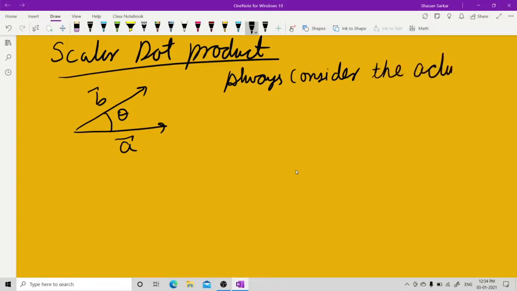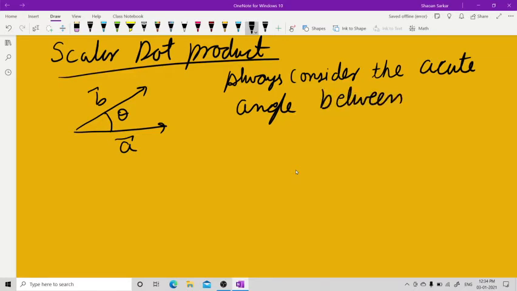The acute angle between the vectors, not any other, not obtuse, not reflexive, nothing. Only acute angle you will consider.